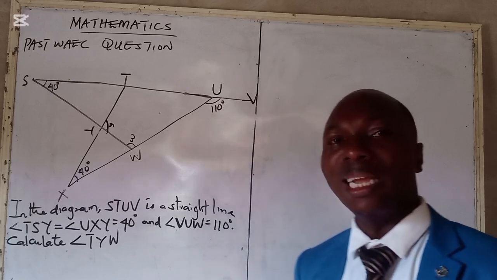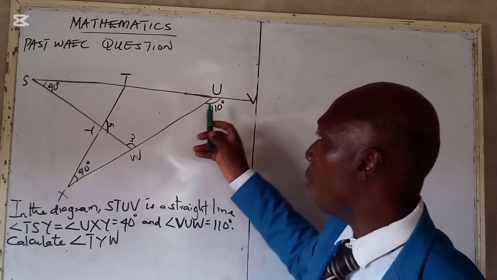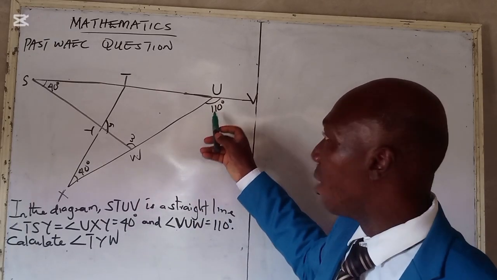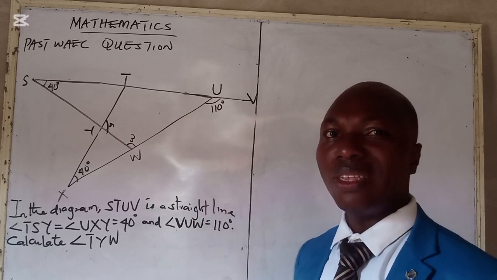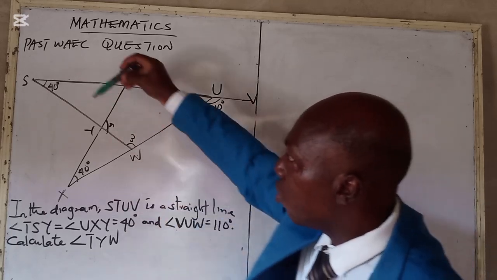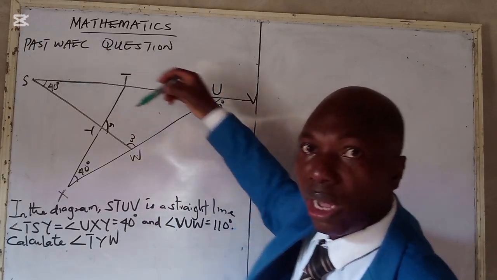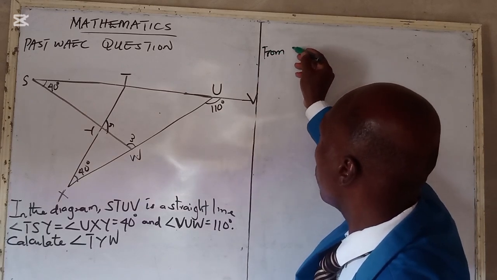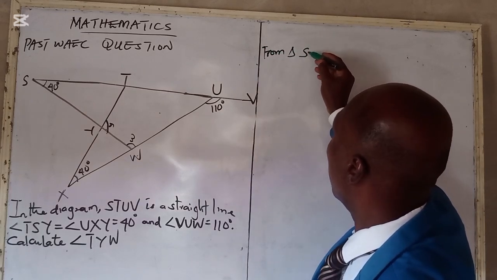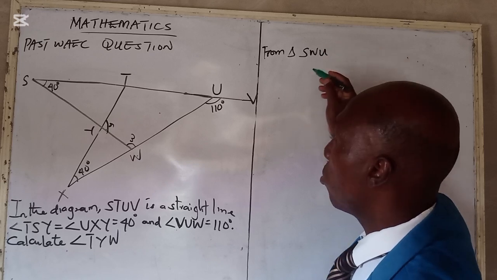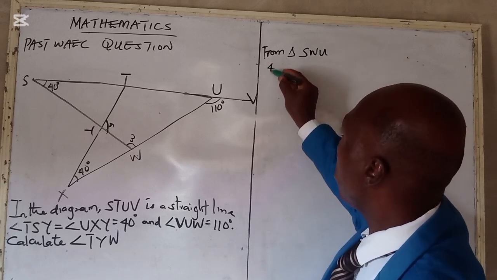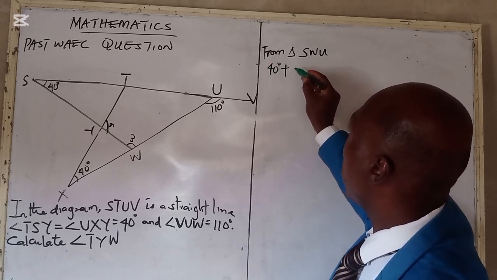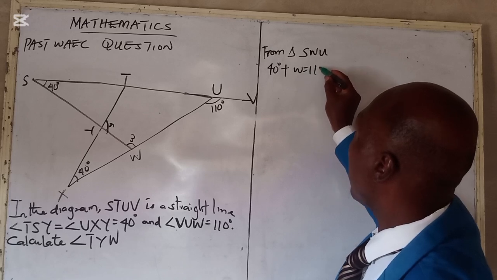Why? Exterior angle, which is 110, is outside this triangle SWU, is equal to the sum of these two interior angles. So we say from triangle SWU, 40 degrees plus w equals 110 degrees.